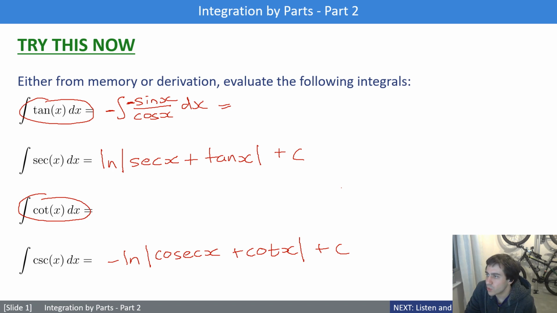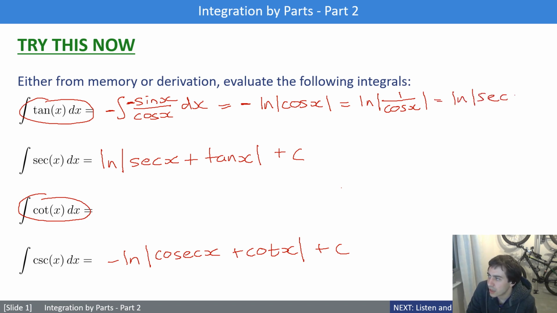So it follows our rule. Derivative of bottom is the top, which means we can now replace it with ln mod of the bottom. And the minus sign is on the outside. And then almost there, we're going to simplify this to ln of 1 over cos x, right? Because the minus 1 can become a power, which is therefore then equal to ln of sec x. Okay, so that's it. We've got the integral of tan.